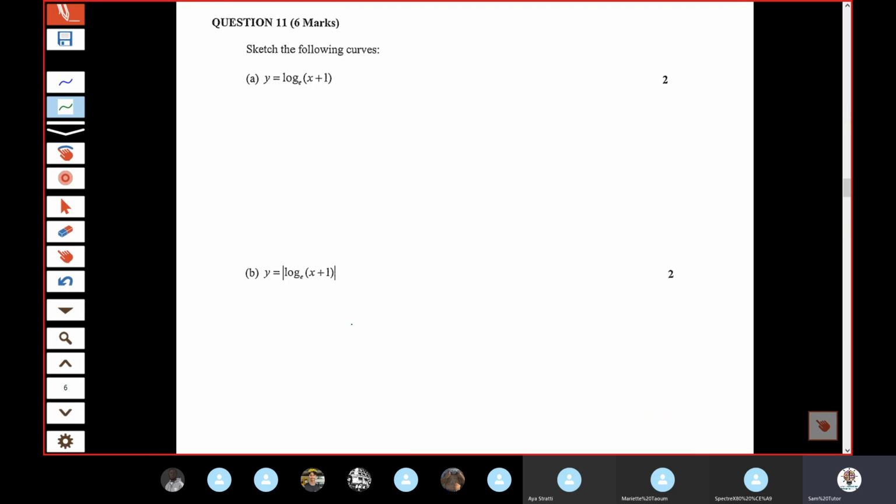All right, I'll start with the first one, just to help everybody out. y equals ln x looks like this. There's an asymptote here, cuts at 1. Voila. What does x plus 1 do? Shifts the whole thing to the left.